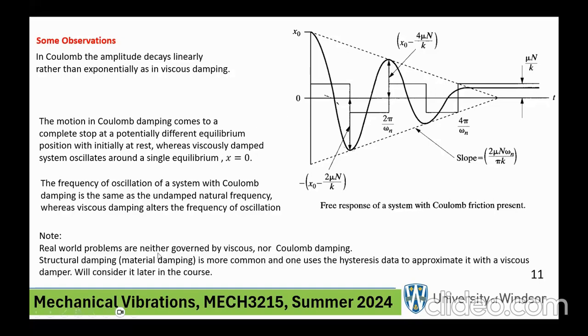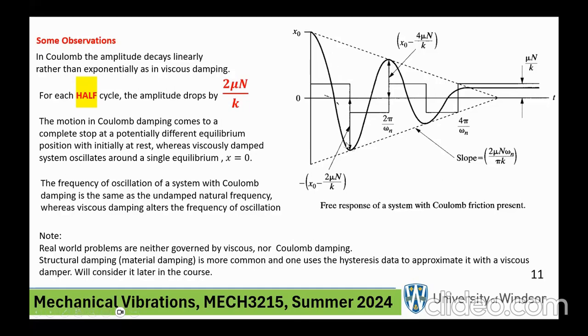Now, in real life, the situation is neither completely viscous nor completely Coulomb. The real life problem is something in between these two, and we're going to introduce material damping later on, which happens to be a compromise between both situations. Okay. One last thing, notice that in every half cycle, see that?